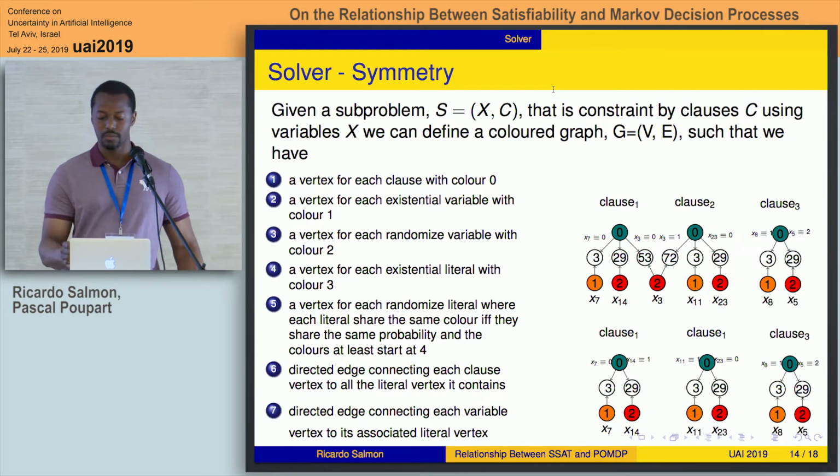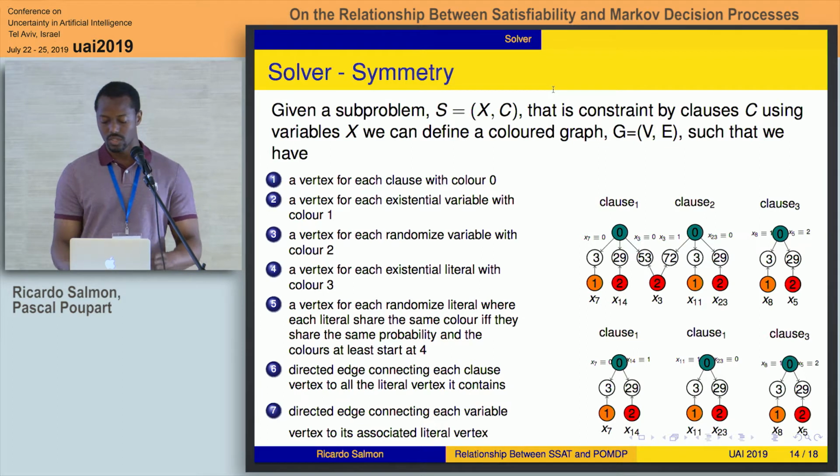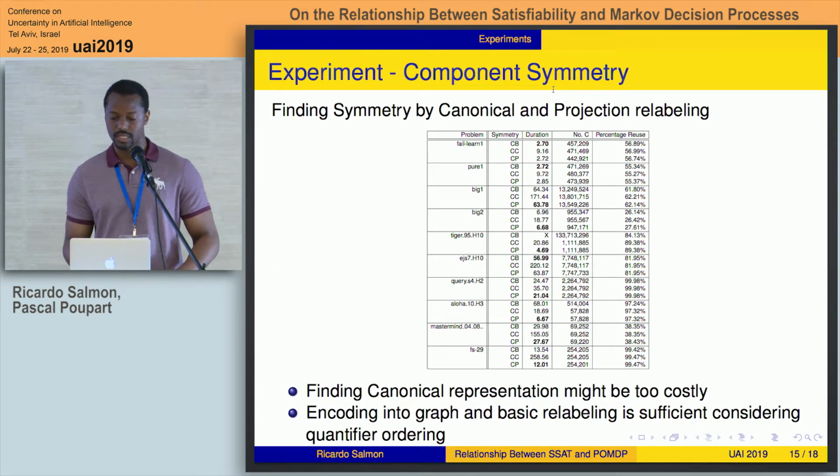So graph isomorphism is actually, for some graphs, easy to solve, but for others it's very difficult. And so in our solver, we implemented different variants of this. I'll show some results.